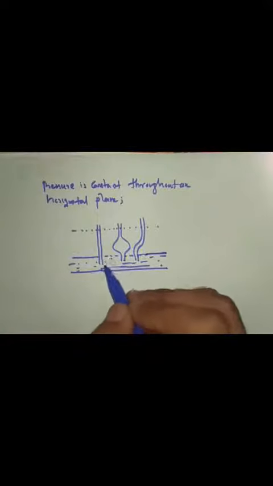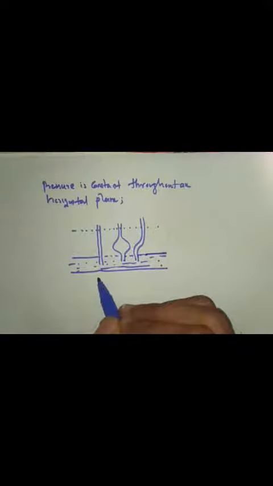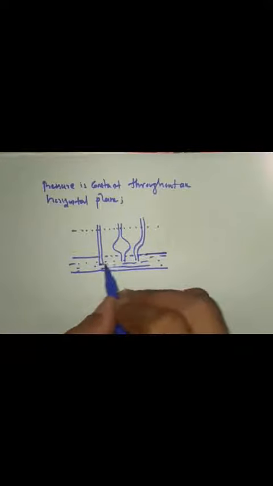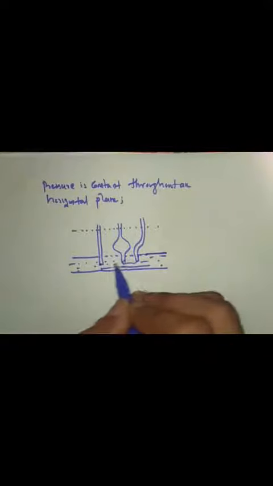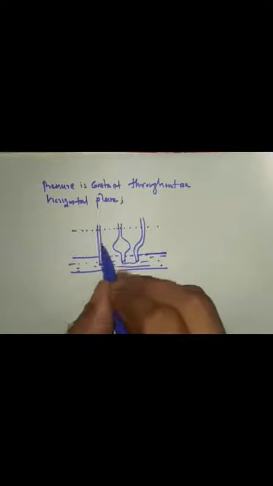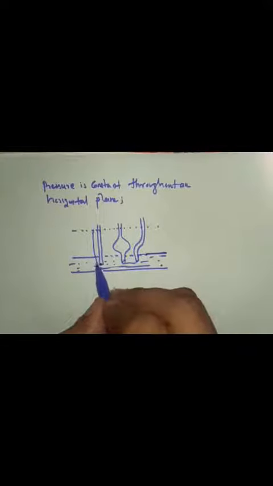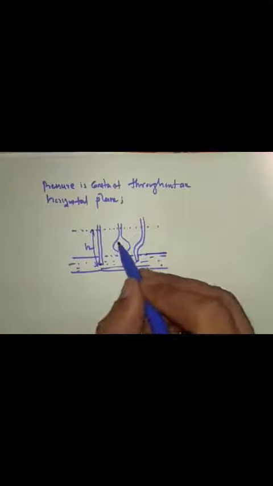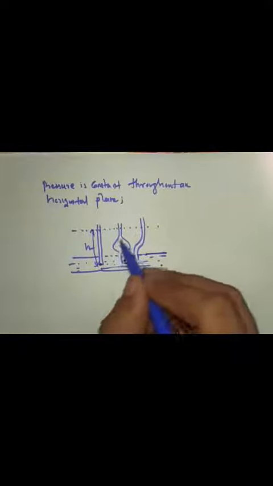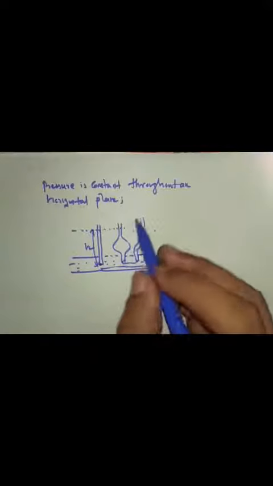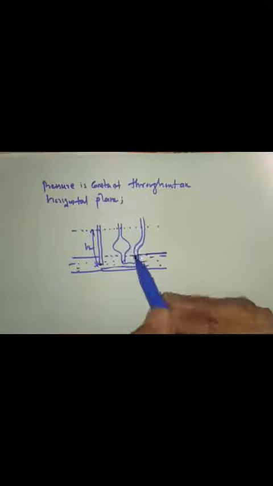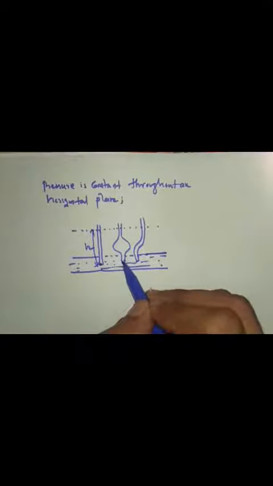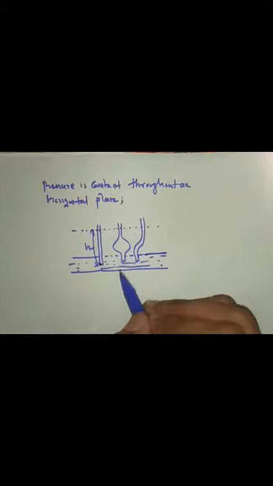It is because the pressure at this point is the same, and this pressure only depends on the height of the liquid and not on the shape of the container of the liquid. So even though these shapes are different, you will get the same water level because the same pressure is acting here.